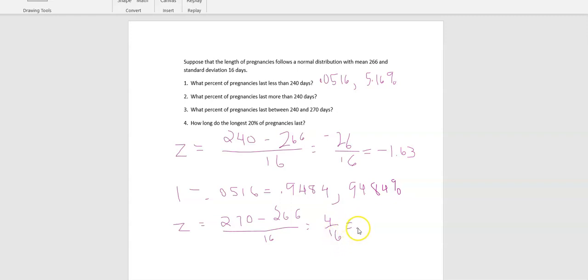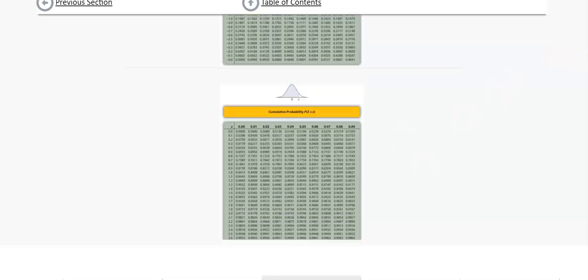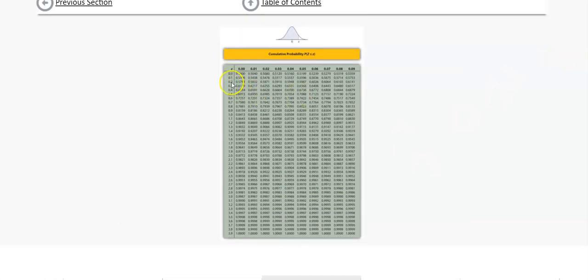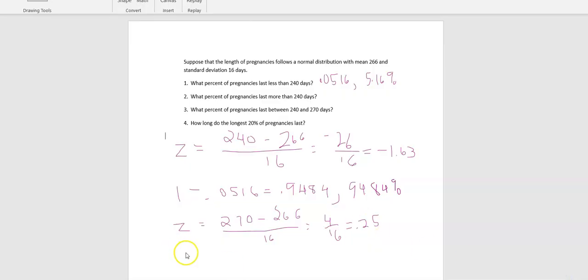And we can look that up. So if we go to our chart, and I'll have to go to the positives, 0.2 is right there, and if we go over to 5, that's 0.5987. Now remember, we have to subtract these. So when we looked up the negative 1.63, it was 0.0516.